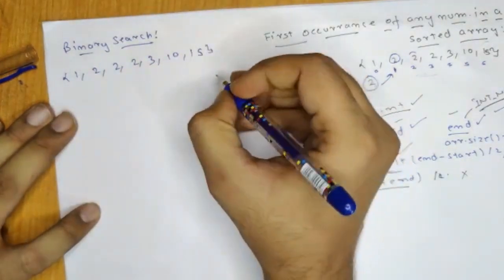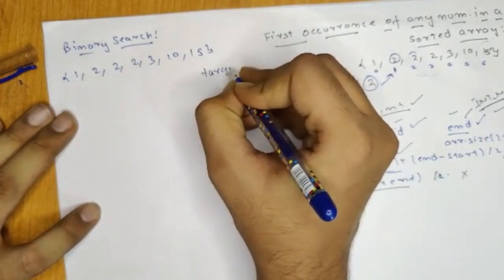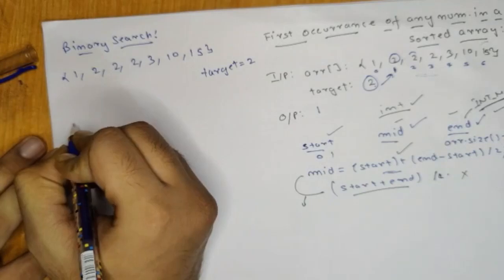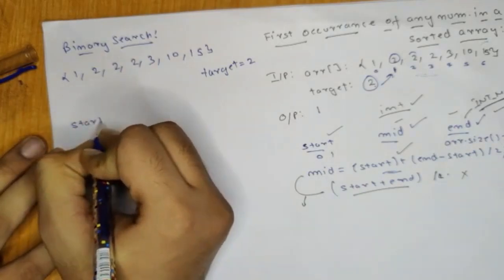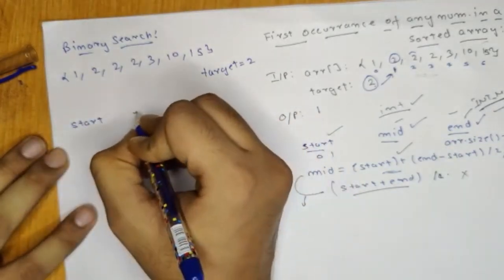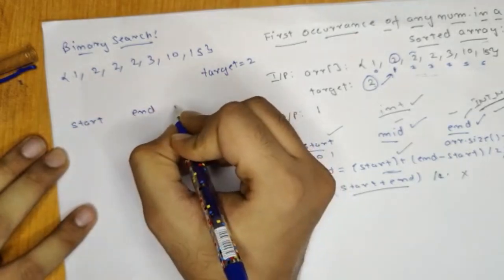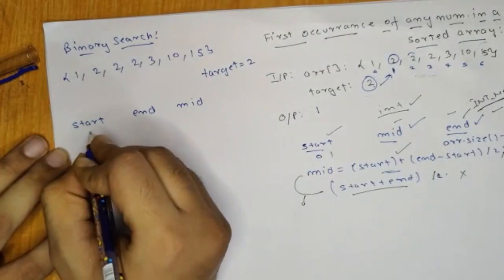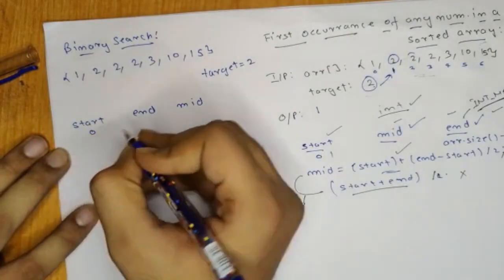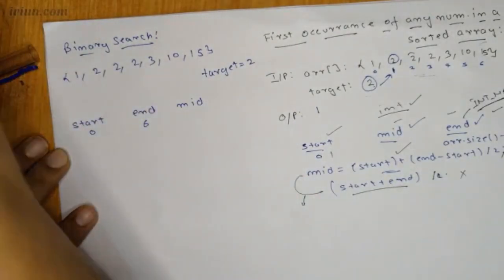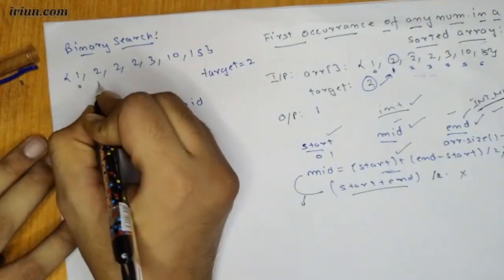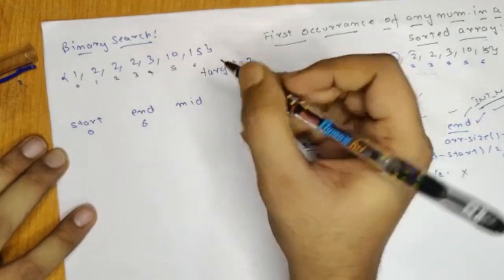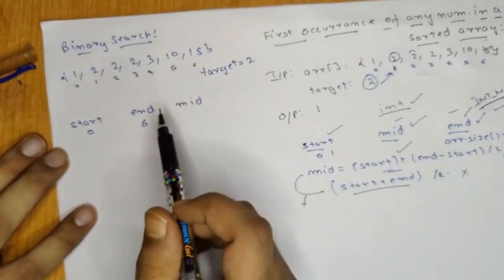The number we have to search is 2. As I said, we need to initialize start and end, then calculate mid. The initial value of start is 0 and end is 6. Why? Because this is the 0th index, then 1, 2, 3, 4, 5 and 6. We initialize end with the last index of the array.